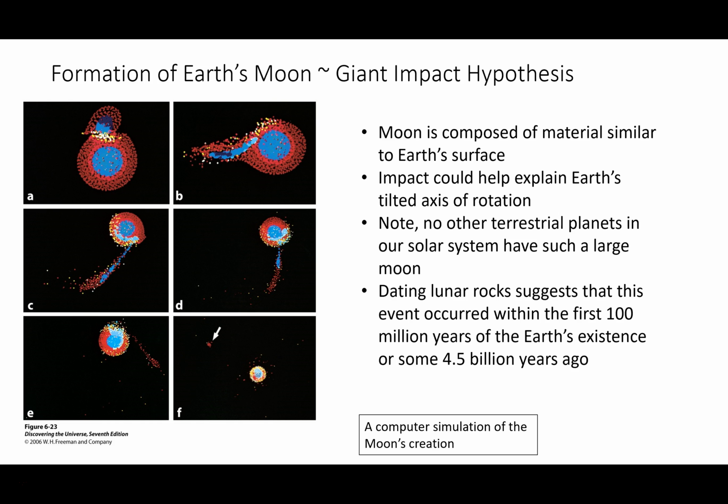But this is the formation of the moon. So it goes A, B, C, D, E, and F. The moon, as it turns out, looks like it's most likely ejected material from the Earth. The big circle is the Earth. The little blob is an impactor. The impactor does its bit and leaves. This right here is the stuff that's going to snowball together to become the moon.